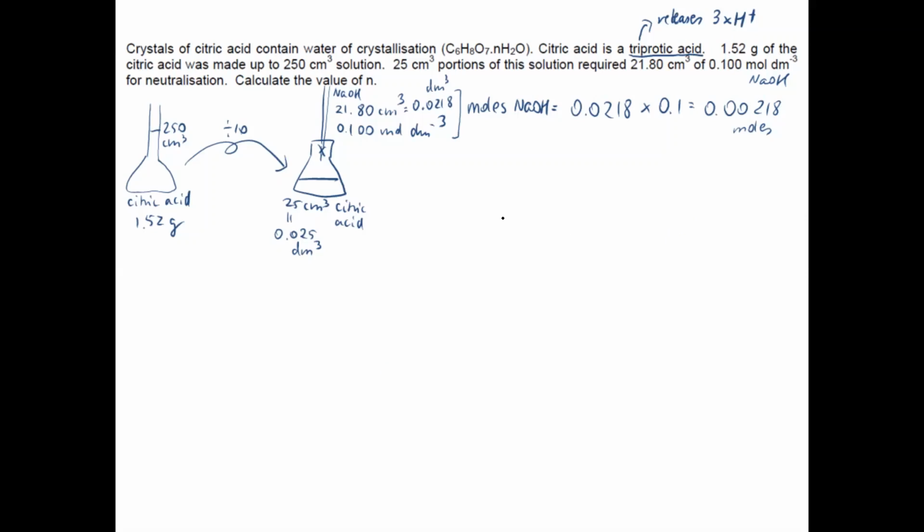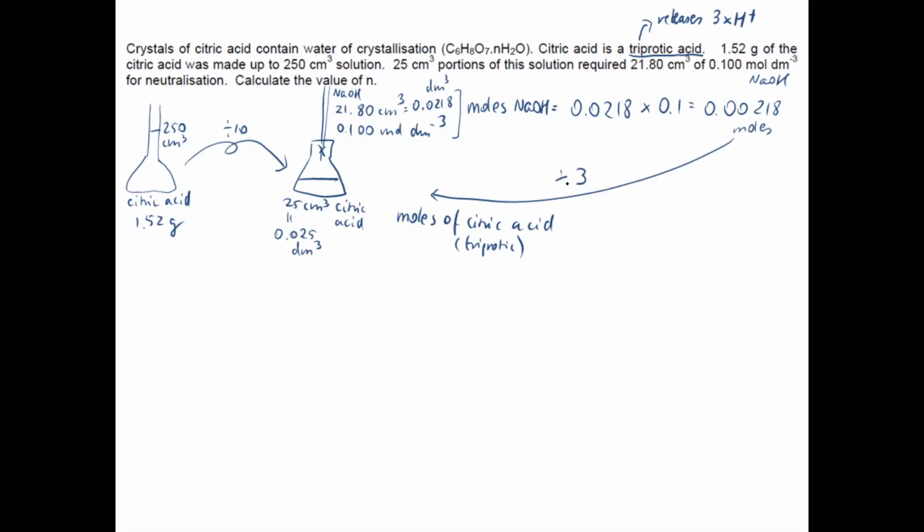To get the moles of citric acid from the moles of NaOH, we times by 3, sorry, divide by 3.